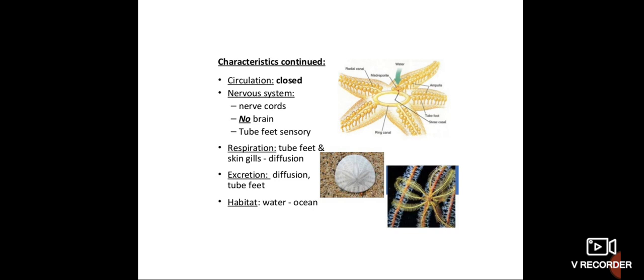The nervous system contains nerve cords. They don't have any brain. The tube feet are sensory in function. Respiration is through tube feet and skin gills. Especially they show diffusion. Excretion is again through diffusion and by way of tube feet. These organisms can be seen only in the ocean, marine water.